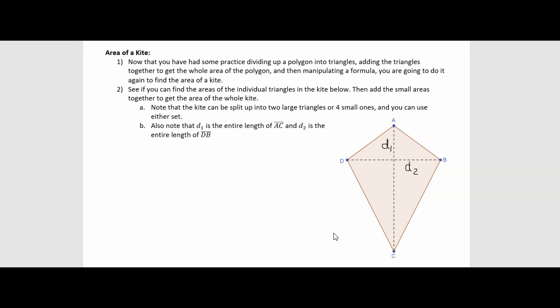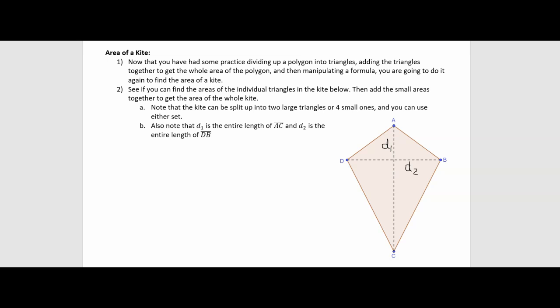So when I draw the diagonals of a kite, I create some triangles. Now, you can either look at this as 4 individual triangles, or you can look at it as two large triangles. Now, again, I'm going to show you the most efficient way to work through this algebra, because depending on which way you do it, the algebra can get a little messy.